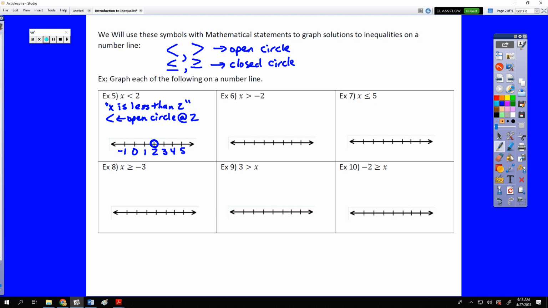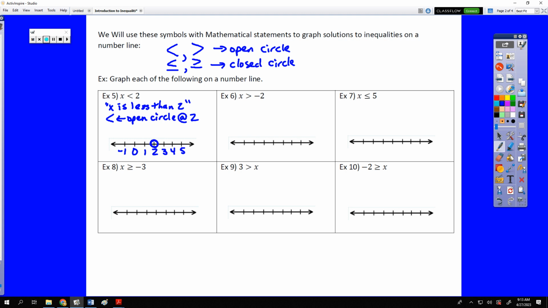Then, if x is located on the left, which it is, the symbol itself points the direction that we're supposed to shade, because any number that is smaller than 2 could be part of the answer.